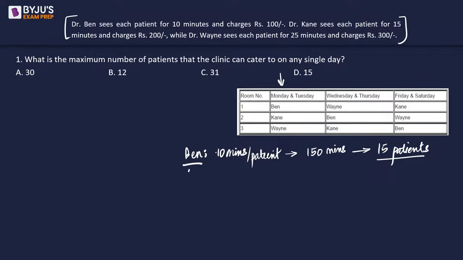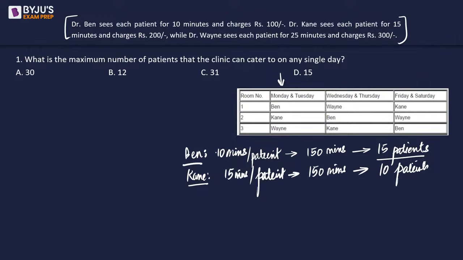Similarly, if we talk about Dr. Ken, he takes 15 minutes for every patient, and he is also present on that particular day for 150 minutes. So that means he sees only 10 patients.